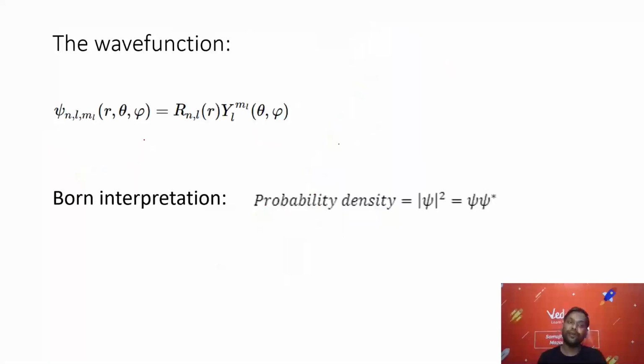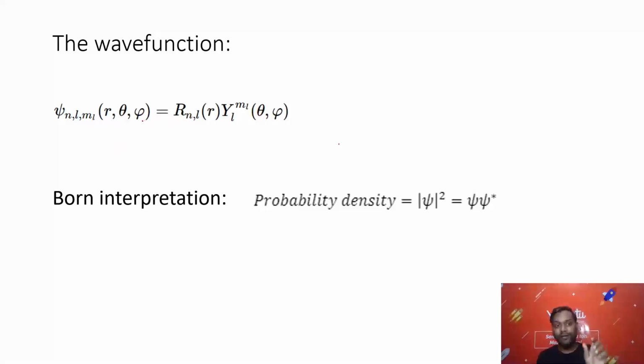Now coming to the wave function, this is the wave function in the polar coordinate system, which has three variables: r, theta, and phi. We can also write the wave function in terms of the Cartesian system, that is x, y, z, but we prefer to solve the Schrodinger equation in the polar coordinate system because it lets us solve the three variables separately and then multiply them to get the complete wave function.